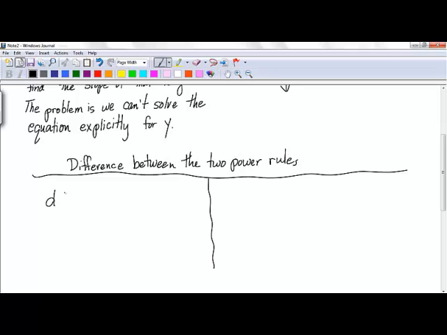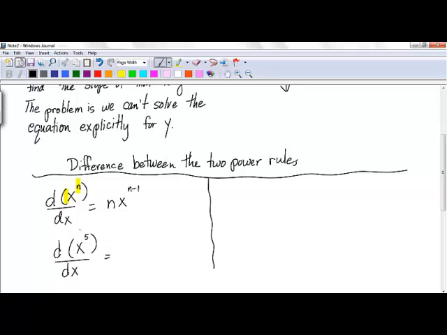If I take the derivative of x to the n power with respect to x, the shortcut was you take this exponent times the number in front and then depress that exponent by 1. So it'd be n x to the n minus 1 power.